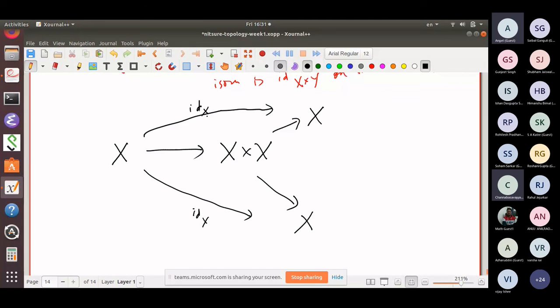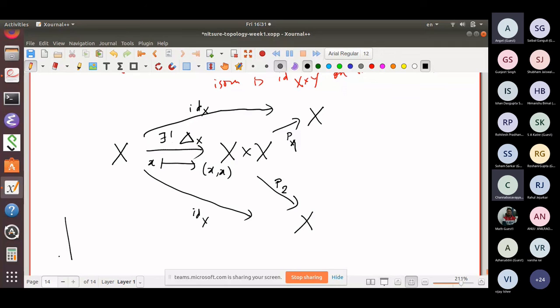If there's a direct product, p1 and p2 to distinguish the two factors, then there exists a unique such map here. And that map sends x to x comma x. This map is called diagonal map of x.